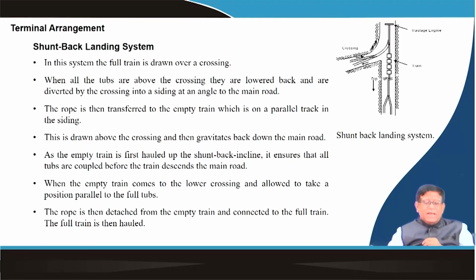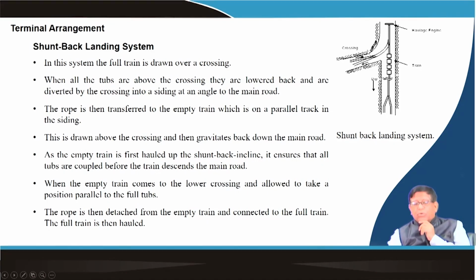Now, this terminal arrangement, that is, when they are bringing up to the drum position, exactly from the bottom when it is brought up, we always give a crossing. This part will have to be excavated, that is, in the underground you will have to make some space in the area, another short gallery in which the loaded cars will be coming, and then they will be placed over here, and then taken from here to the shaft.